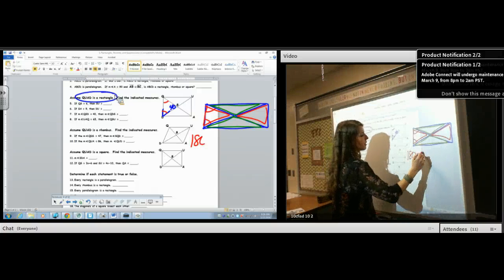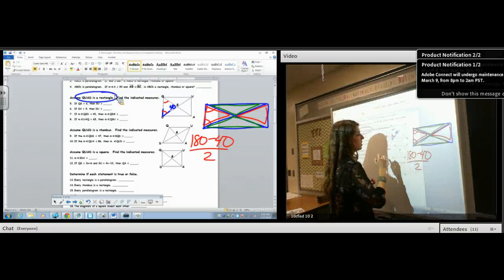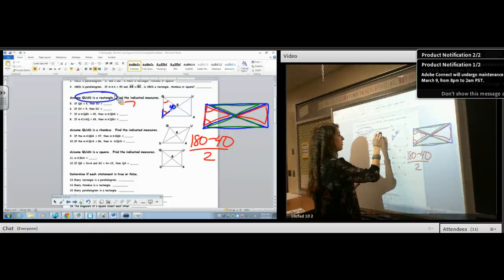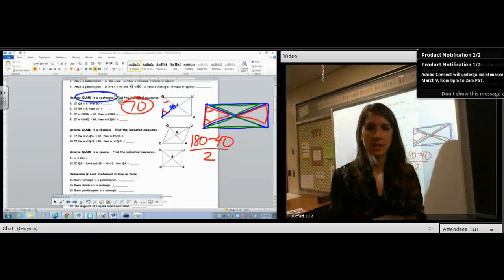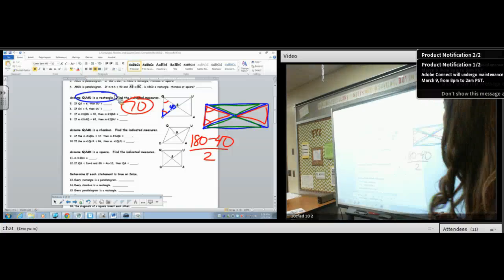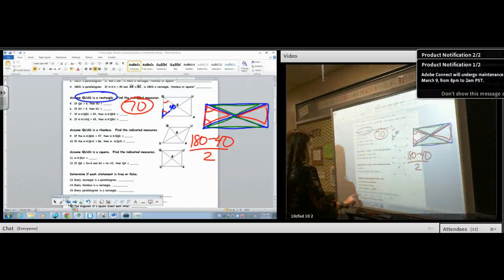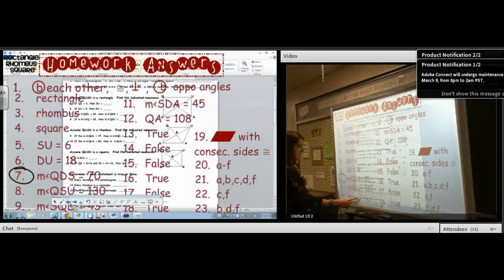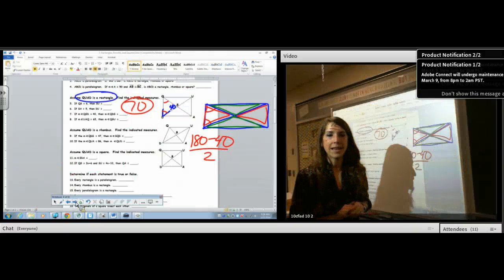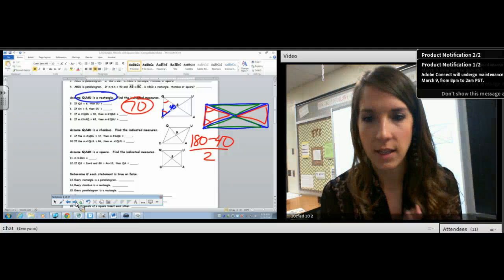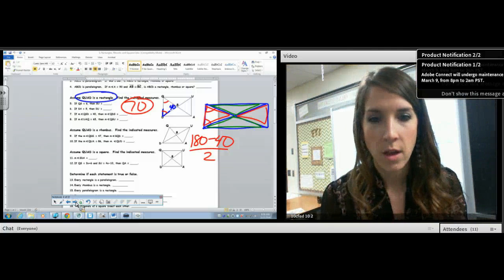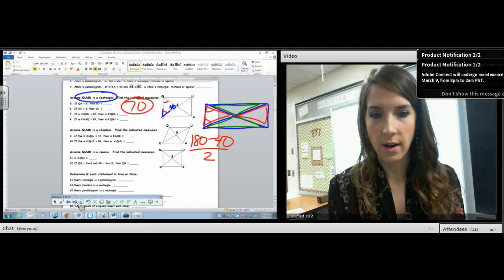So 180 minus 40 divided by 2 is 70. Was that the answer we had? I hope it was. Number 7 is 70. Yes, we had the right answer. Okay, good. Does that clear it up? It's an isosceles triangle. We gave you the vertex angle. You're trying to find the base angle.